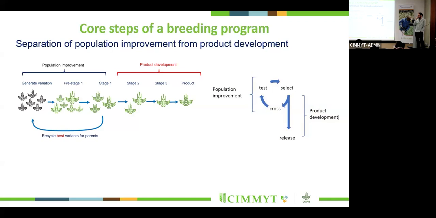For population improvement, we compare cycle 0, cycle 1, cycle 2, cycle 3. You measure the progress we make, like the genetic gain between cycle 0 and cycle 4, let's say. That's very straightforward.